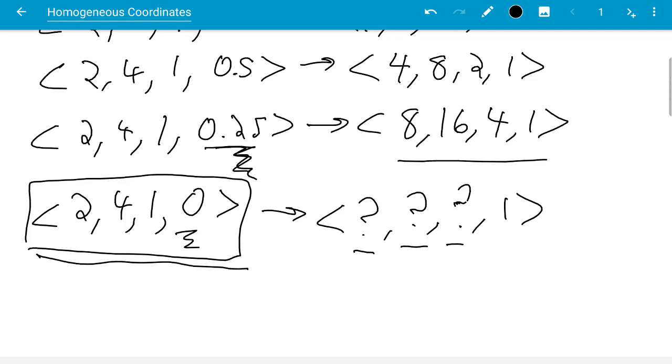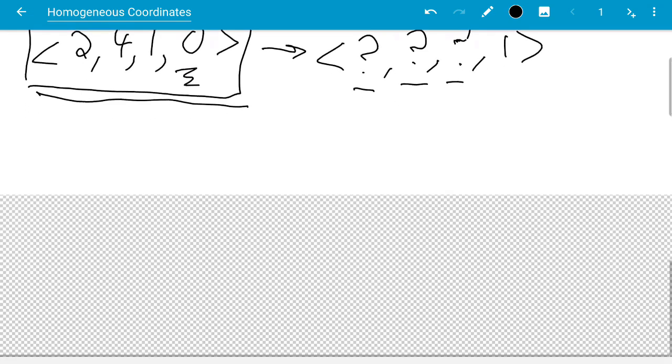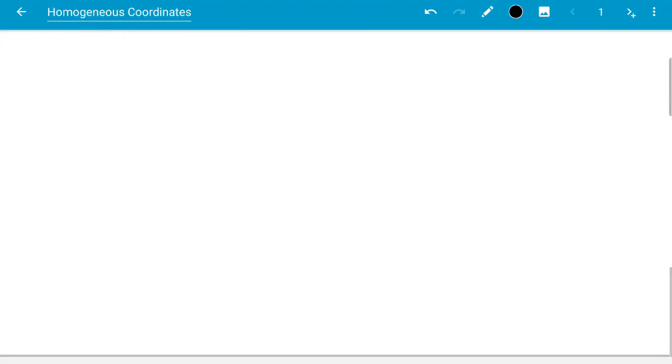We can't do x, y, and z and say, well, y is infinity, and expect that to actually work in our calculations. It's just not going to work. So having this extra mathematical component on our vectors gives us this additional ability to talk about infinity. And that is really, really cool.